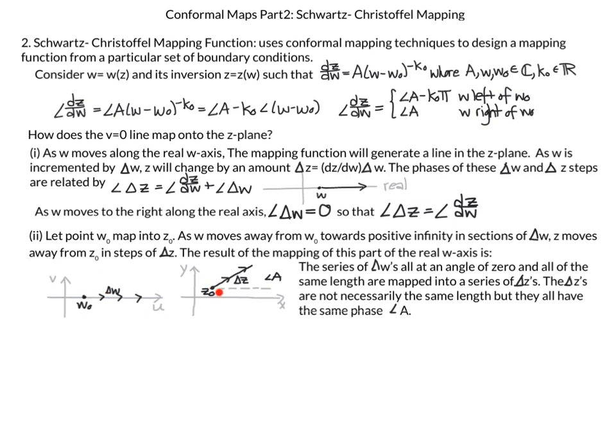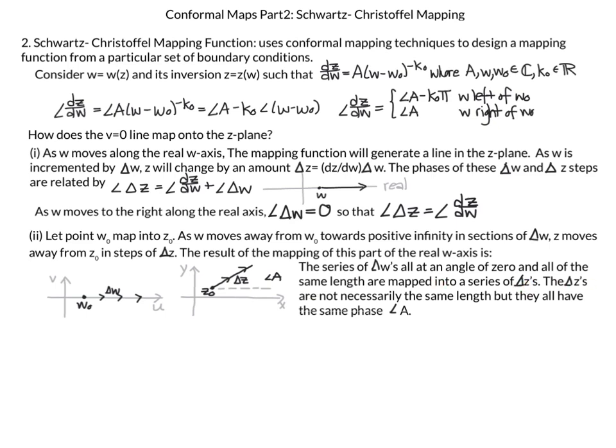Then over here, what happens to delta Z is that delta Z is changing. It's moving a little bit to the right. It's moving a little bit up. So we have an incremental change delta Z, and delta Z. So Z moves away from Z naught in steps of delta Z, and that's what we have here. And the result of the mapping of this part of the real W axis, the mapping of the real W axis here to here, is that a series of delta W's, all at an angle of 0 and all the same length, are mapped to a series of delta Z's.